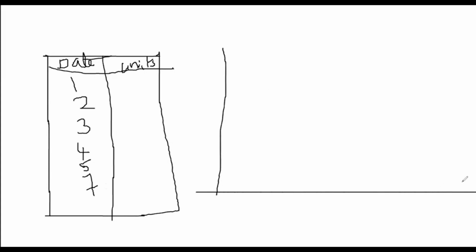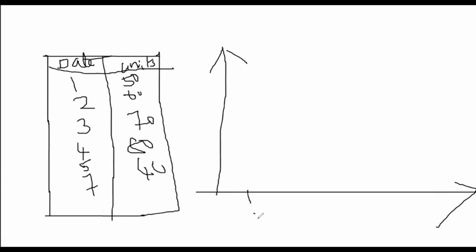So now if I try to plot this using Tableau, if you draw a line chart, for first I have 50, and then 60, 70, 80, 40, like this. So here I'm going to have 1, 2, 3, 4. This will be continuous, right? 5, 6, and then 7 should be there.